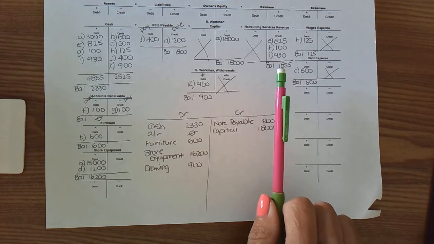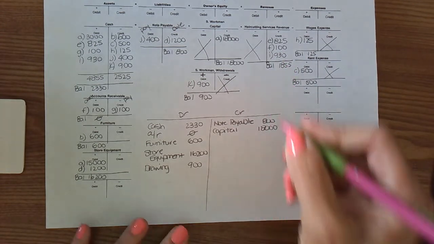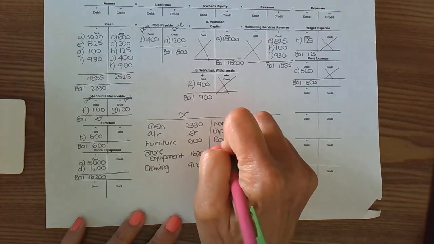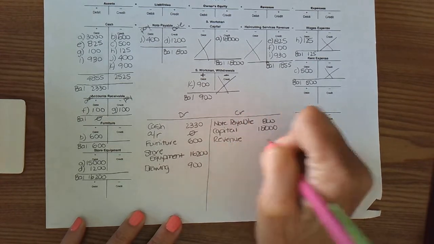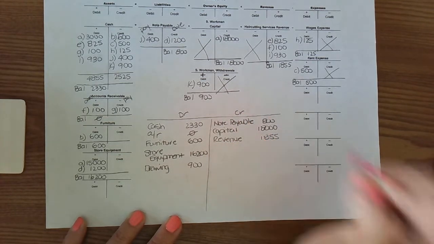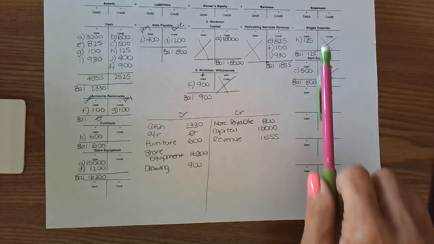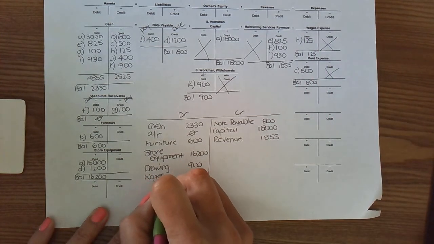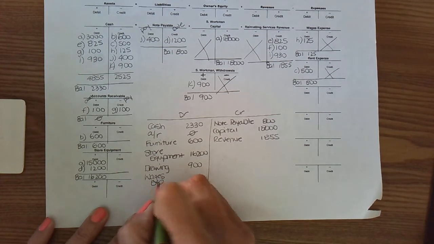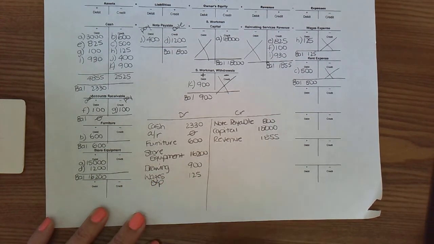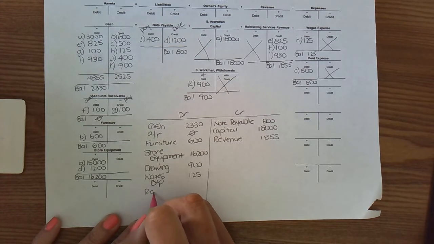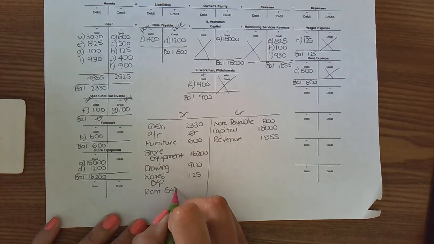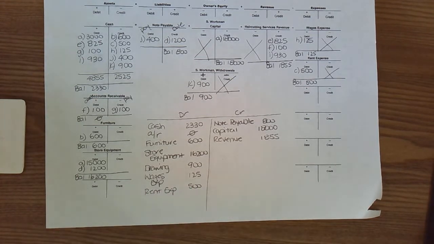Our hair cutting revenue, services revenue, that's a credit, so I'm just going to put revenue and $1,855. And then the last two are our expenses. We have our wages expense, and that was $125 debit. And our rent expense is a $500 debit.